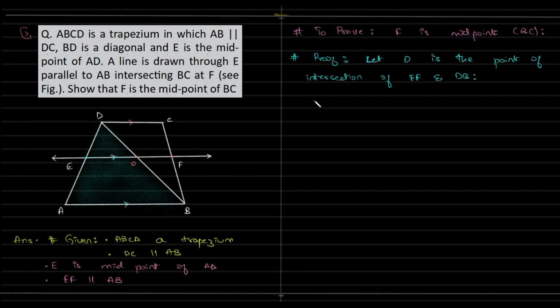Now consider triangle ADB. As EO is parallel to AB and E is the midpoint of DA, what can we conclude?